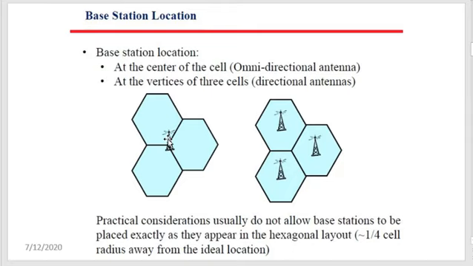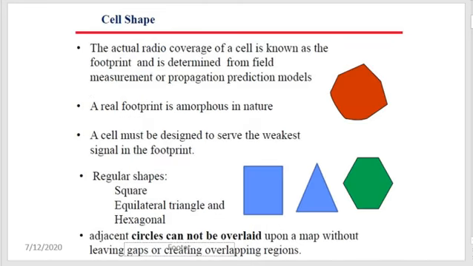Hexagonal has certain features due to which we have selected it. When we are representing sectors, where an antenna is given a 120-degree sector, all those can be easily shown when we make a cell site in the form of a hexagonal.